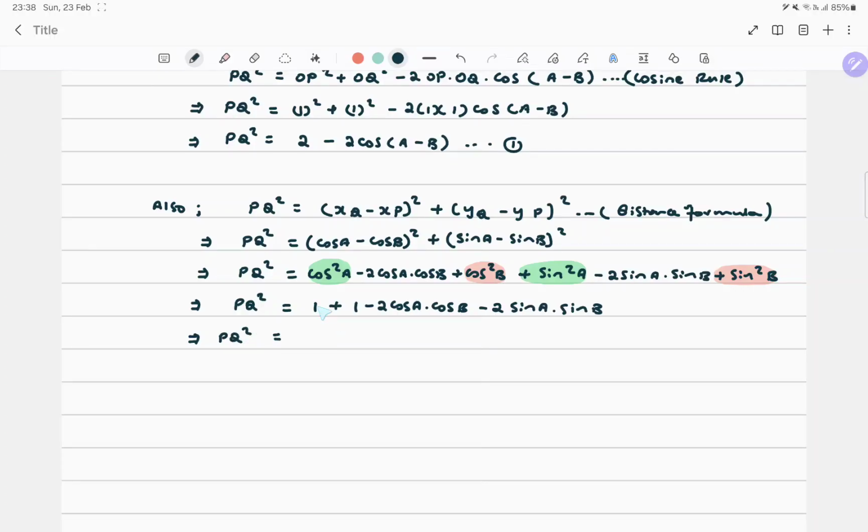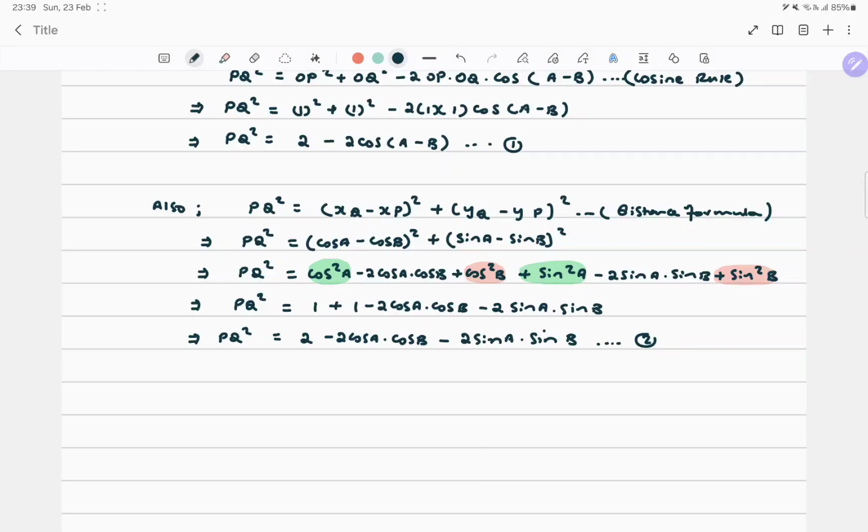PQ squared is 1 plus 1 is 2 minus 2 cos A cos B minus 2 sine A sine B. Now we cannot go further than this, so we will make this equation 2.